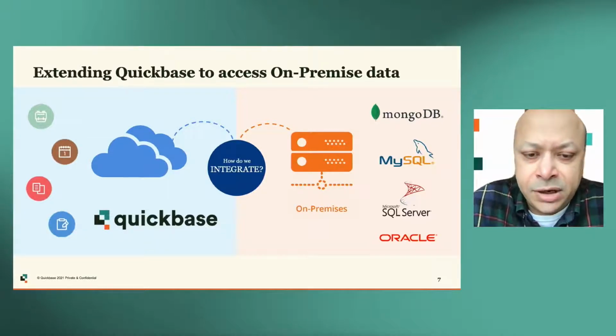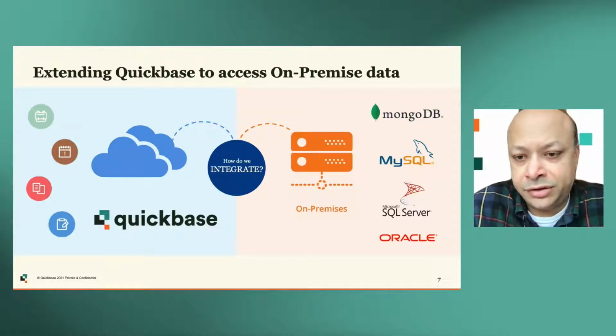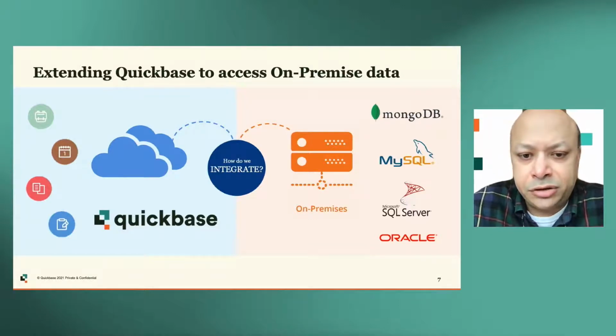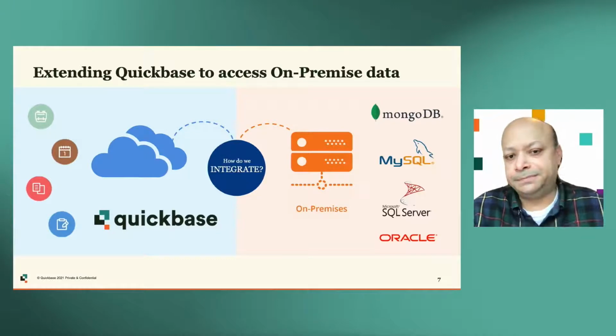So with that in mind, what we have enabled with pipelines is a way for you to integrate with your other cloud vendors like Salesforce, like Jira, like QuickBooks, like Google Docs, and effectively to be able to bring in data into Quickbase and take data from Quickbase into those systems without writing code. And so that is really the heart of the pipelines infrastructure.